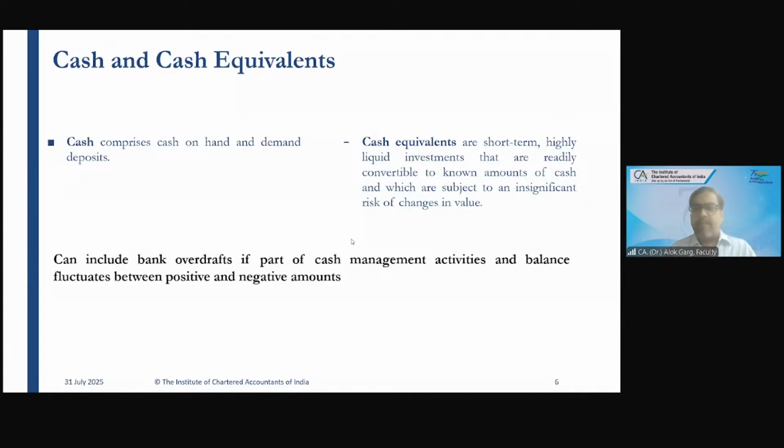My question is not whether it is a cash equivalent or not. My question is, is it a short-term, highly liquid investment? Yes or no?